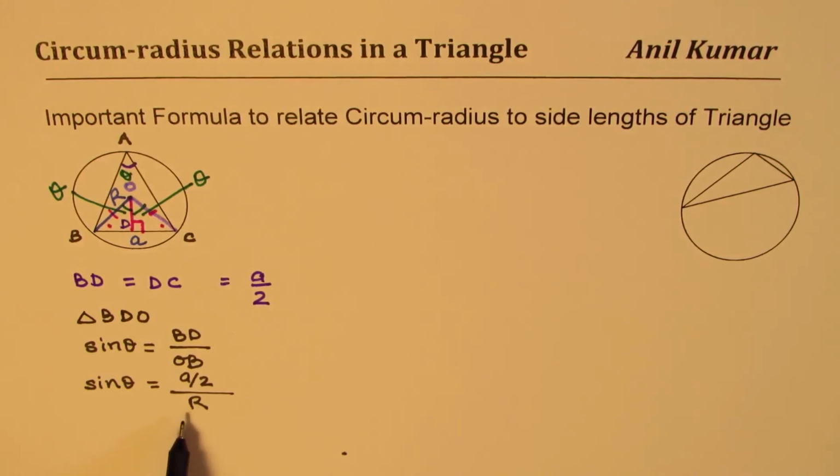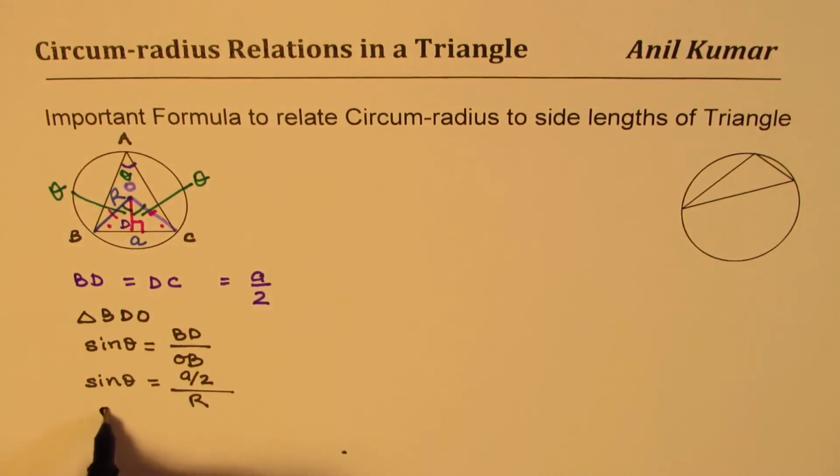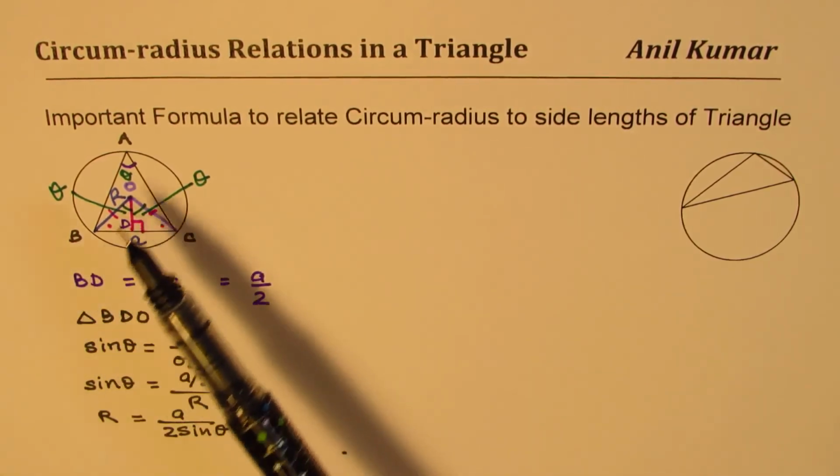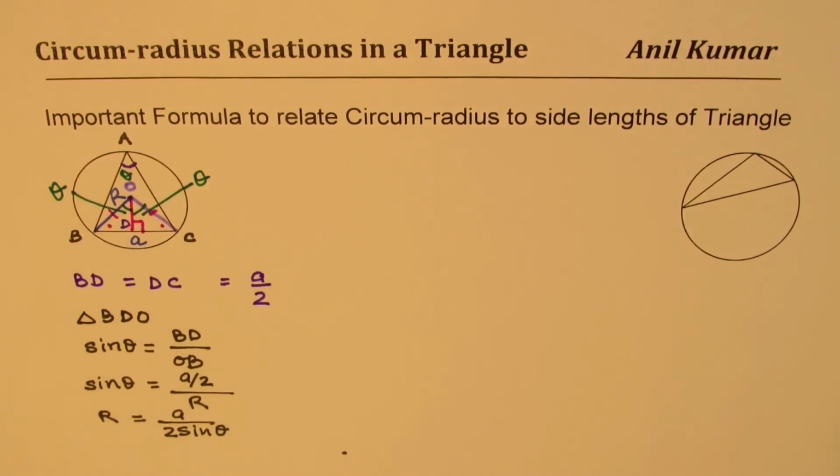So from here we get a relation between circumradius and the side length, correct? So if I cross multiply, I get radius is equal to A by 2 sine theta, correct? So that becomes a relation between the radius, the side, and the angle opposite, like a sine law, right?